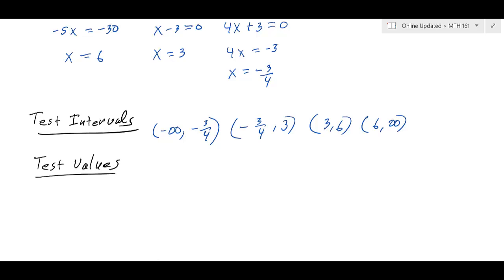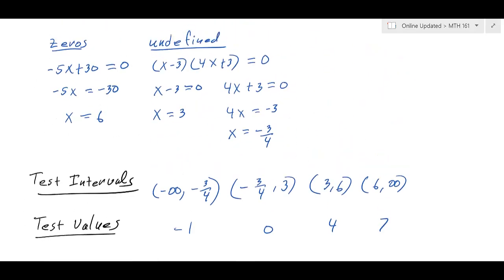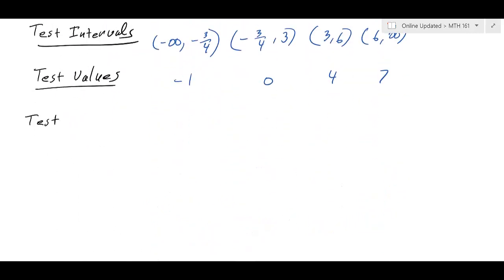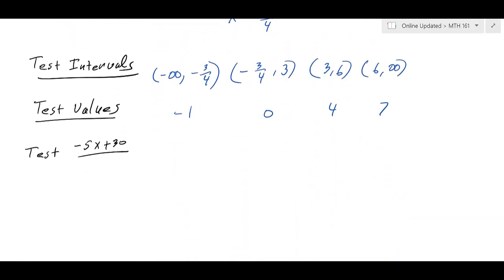So if we identify our numbers within the particular intervals, and again, I'm going to pick the smallest one, -1, 0, 4, and 7. And we're going to test this in, I'll copy this down, the -5x plus 30 over the x minus 3, 4x plus 3.